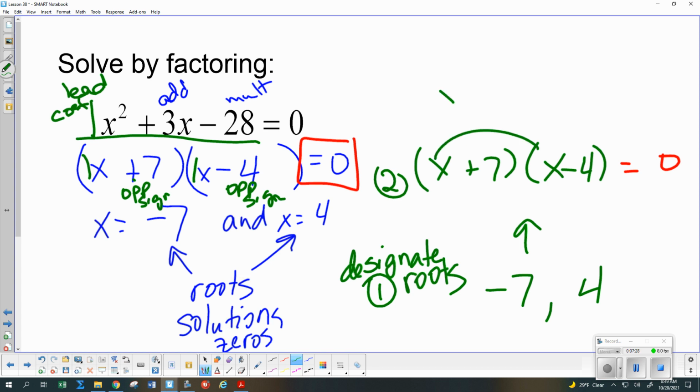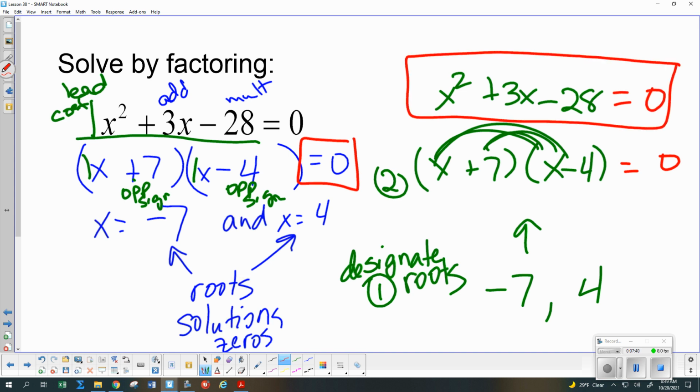And we do that, and we'd have x squared minus 4x plus 7x would give us the plus 3x, and the minus 28. And don't forget the equals 0. And that would be the answer that they're looking for when they start by designating the roots for you to come up with a quadratic.